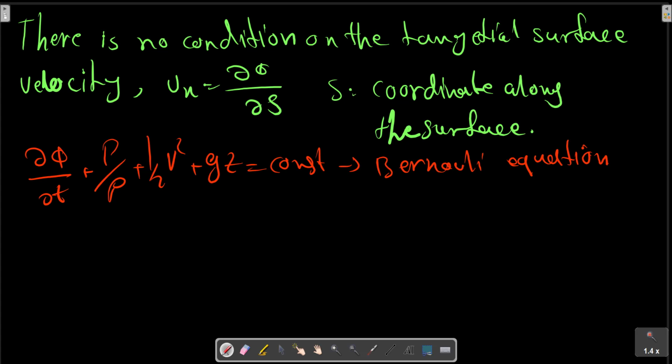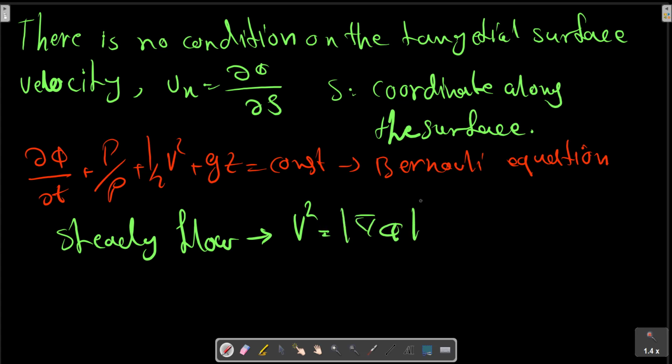The Bernoulli equation then supplies a relation at the surface between V and the elevation Z of the surface. For a steady flow, we have this relation for V squared minus 2gz surface.